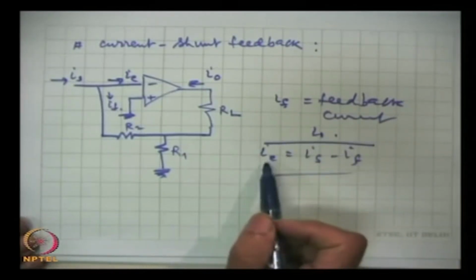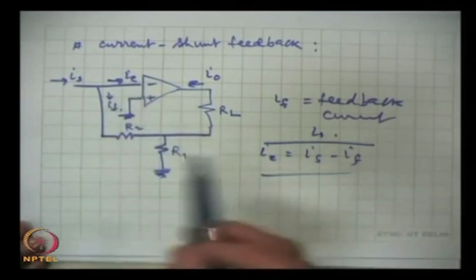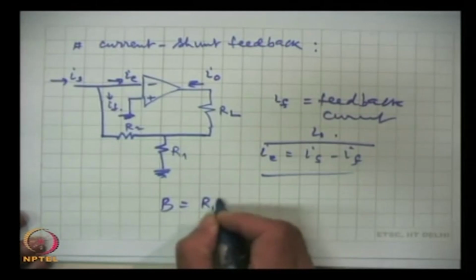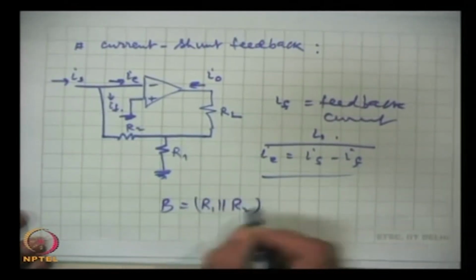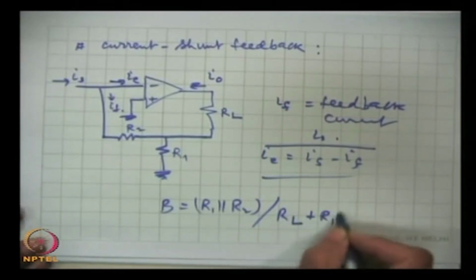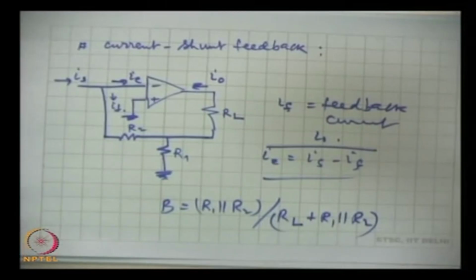So, this is the error signal which goes here in the amplifier, and B can be shown to be equal to the parallel combination of R1 R2 divided by R1 plus R2. This is the expression for B.